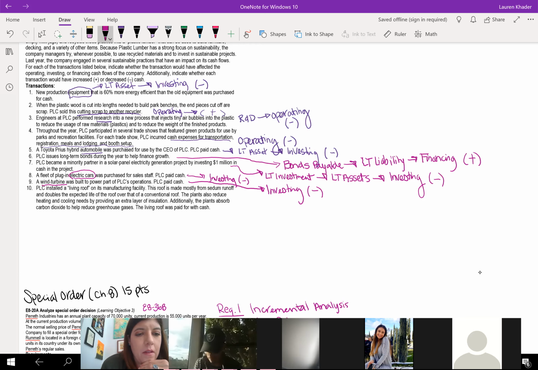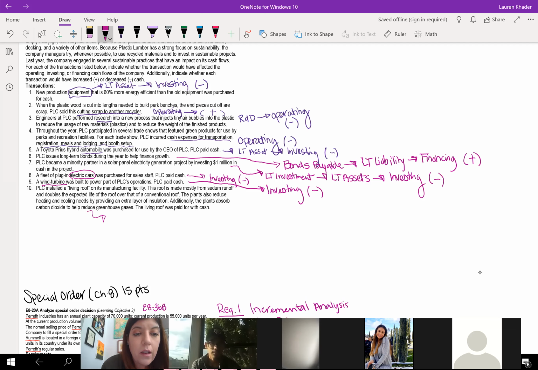And for number 10, PLC installed a living roof on its manufacturing facility. This roof is made mostly from sedum runoff and doubles the expected life of the roof over that of a conventional roof. Plants also reduce heating and cooling needs by providing an extra layer of insulation. Additionally, the plants absorb carbon dioxide to help reduce greenhouse gases. The living roof was paid for with cash.